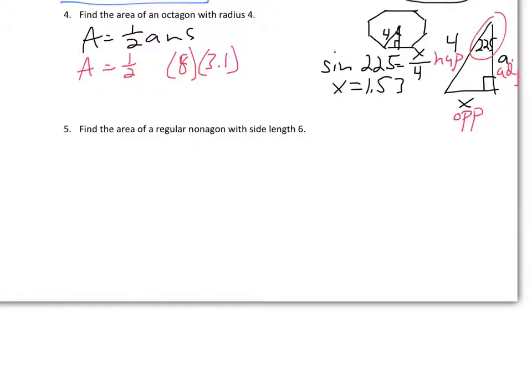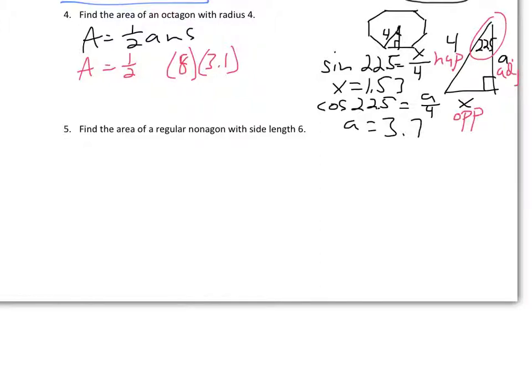Okay, now we could do the same thing for the apothem, but we need to find the cosine, because CAH, cosine is adjacent over hypotenuse, so A over 4. So you can multiply by 4 cosine 22.5, and A comes out to 3.695 or 3.7.